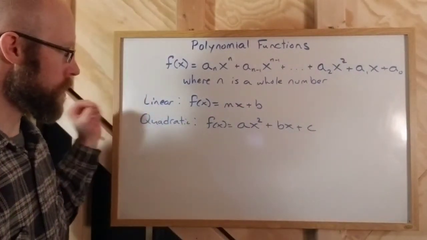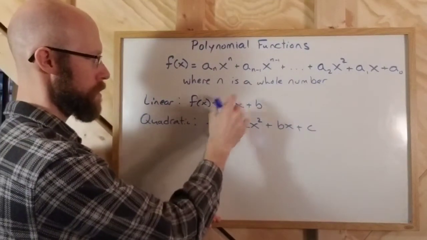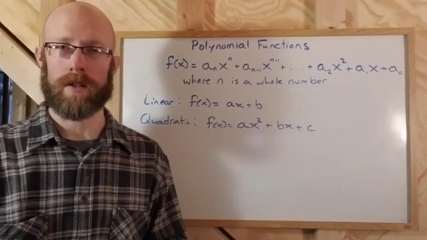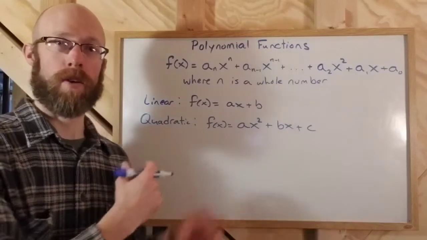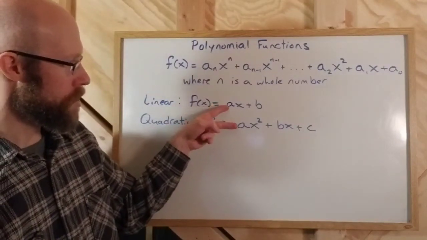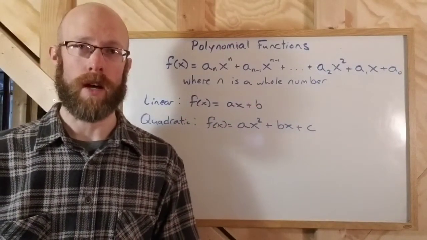Now in both of these cases, and sometimes we write the linear as, instead of mx plus b, you might see it ax plus b. That's okay as well. You'll see that on your calculator when you're doing your linear regression. Now in both of these cases, we're using letters to represent the coefficients on the variable as you go down the line.